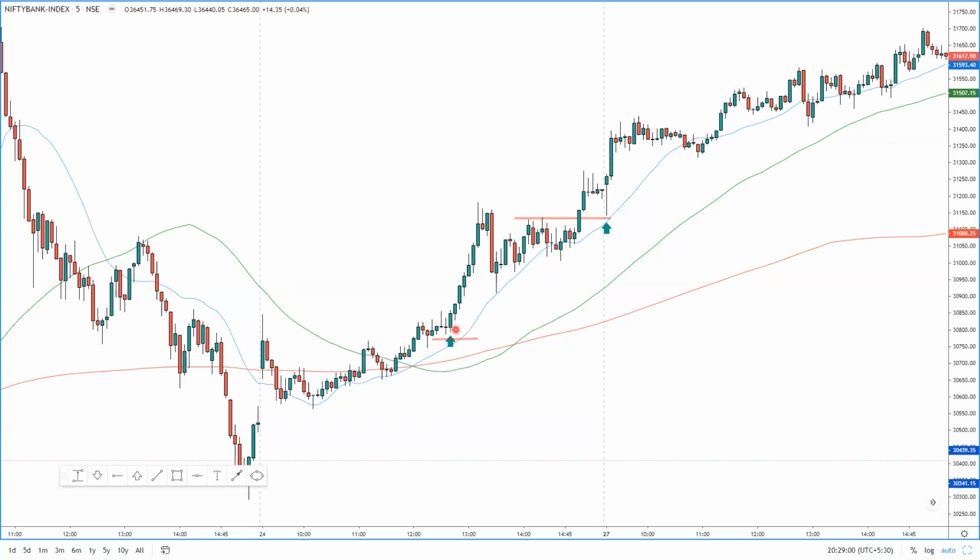So if you are taking the entry above this bar, we can either place the stop at this red line, which is below all this support area, or below this bottoming tail bar, where the buyers stepped up very aggressively.